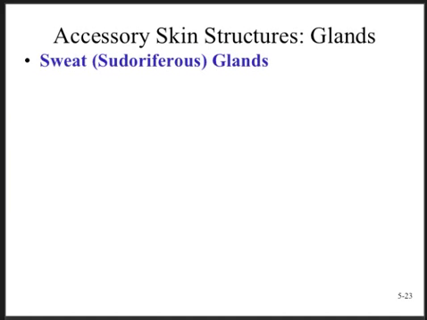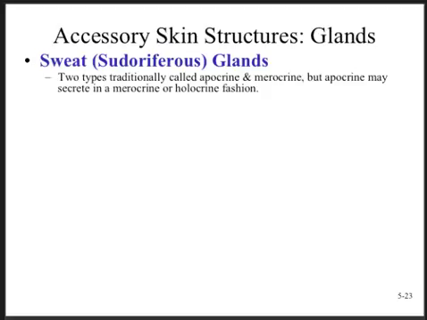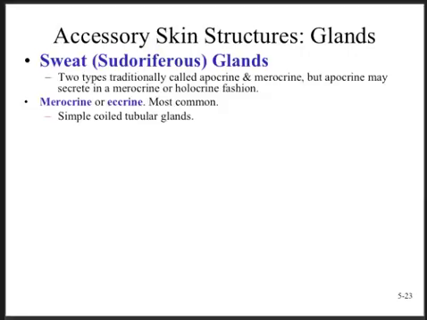Sweat glands come in two types, and these are also exocrine glands. They're traditionally called apocrine and merocrine, but apocrine may secrete in a merocrine or a holocrine fashion. Merocrine or eccrine are the most common sweat glands, and they're simple coiled tubular glands that open directly onto the skin surface and as a result have their own pores, and their primary job is to regulate fluid balance and body temperature.